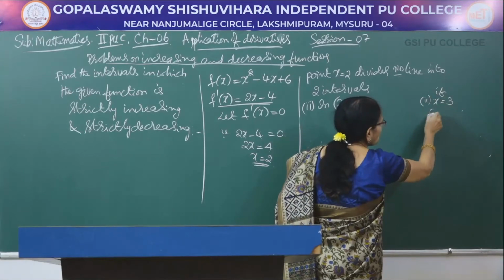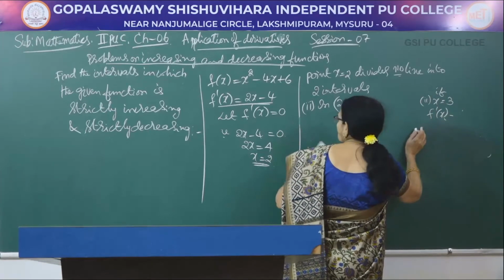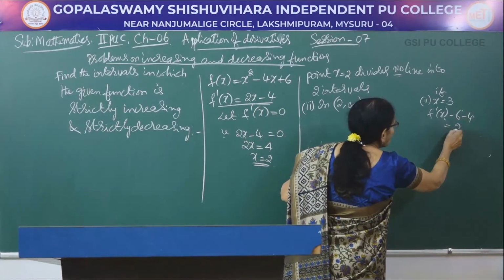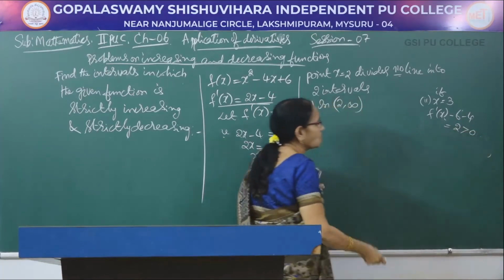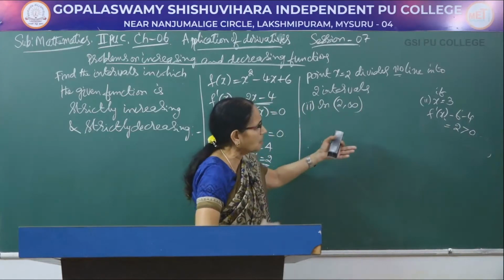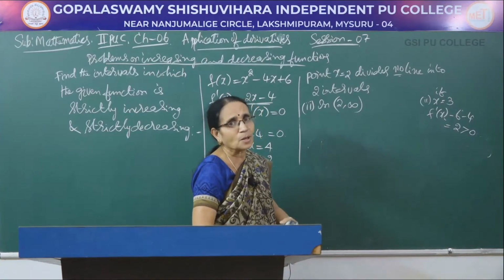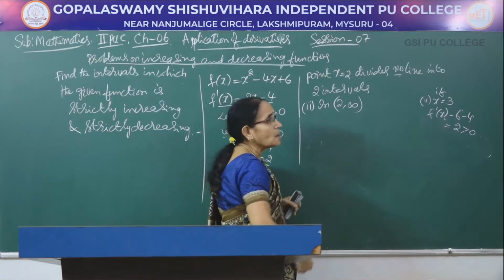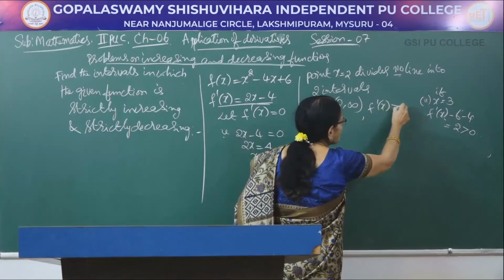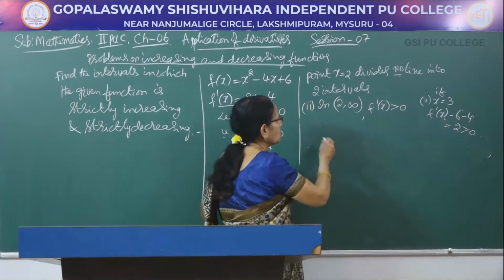If x is equal to 3, what is f dash x here? 2 into 3, that is 6, minus 4 plus 2, that is greater than 0. Any value you can give, as far as possible a smaller value so that you can easily find out whether it is negative or positive. So, write it here, f dash x is greater than 0.